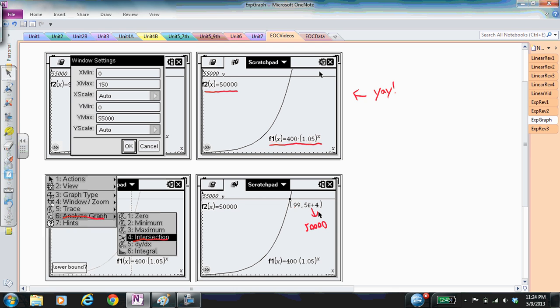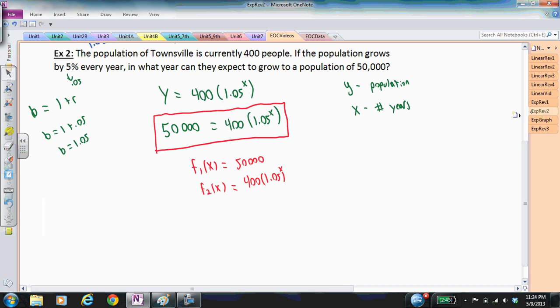So that's 50,000. So it's 99 comma 50,000, which means after 99 years, the population of that town is now at 50,000. So 99 years.